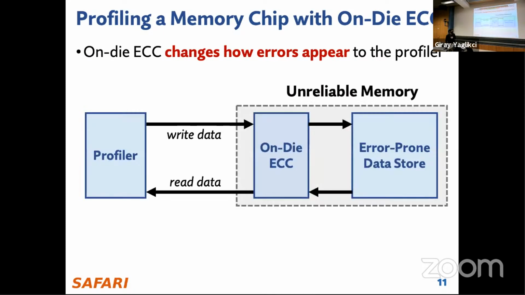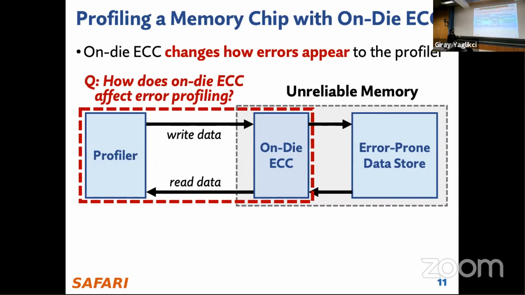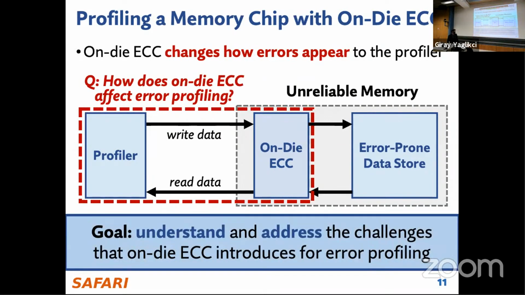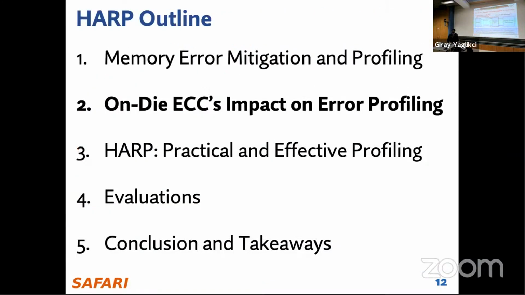Because if we have this diagram from before, with the profiler interacting with the memory, on-die ECC here interposes between the profiler and the error-prone data store. And it does so in a way that is unclear to the profiler, right? Because it's invisible. So the question we want to ask is, how does on-die ECC actually affect the error profiling process? Our goal in this work is to understand and address any challenges that on-die ECC introduces for profiling.